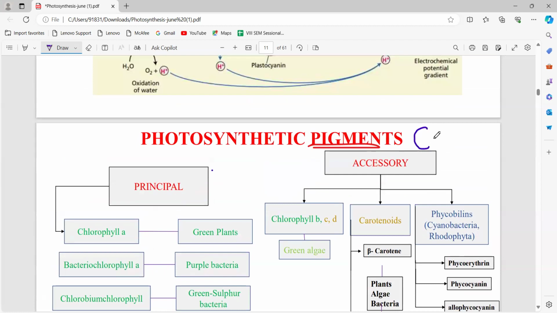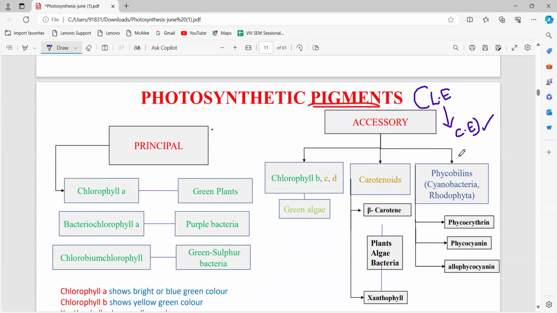What is the ultimate goal of the photosynthetic pigments? They are the ones which generally convert light energy into chemical energy. That is the ultimate goal. Light energy into chemical energy only, nothing else. Now, all the photosynthetic pigments present in the plant and lower organisms are broadly categorized into two major types.